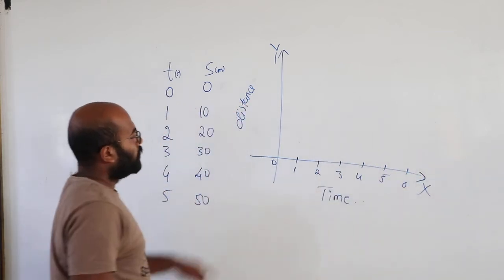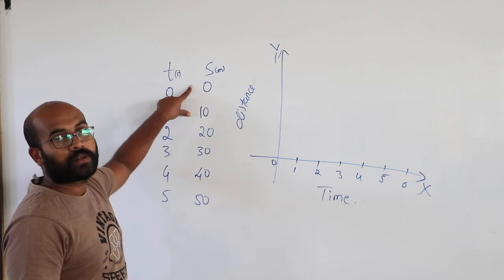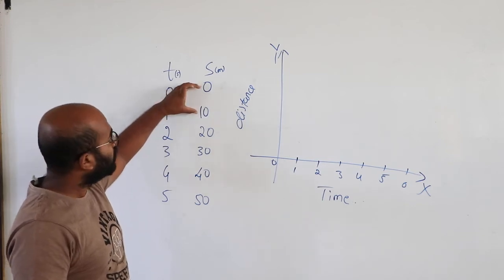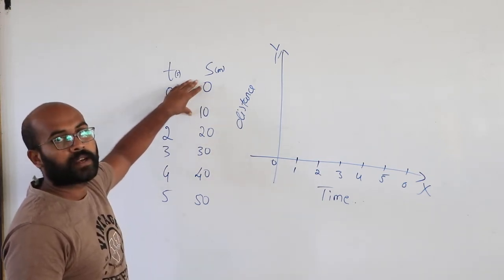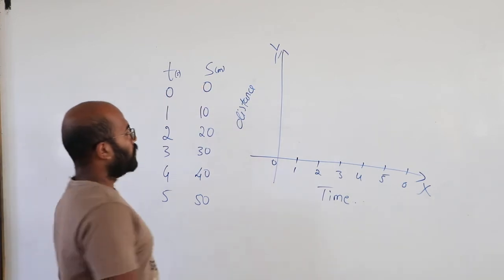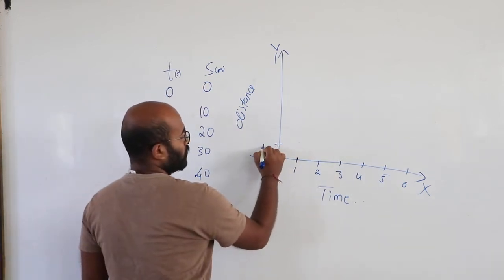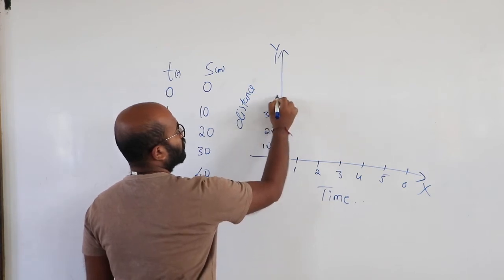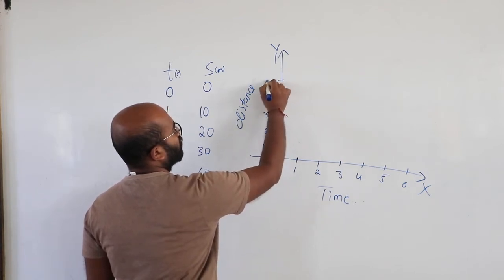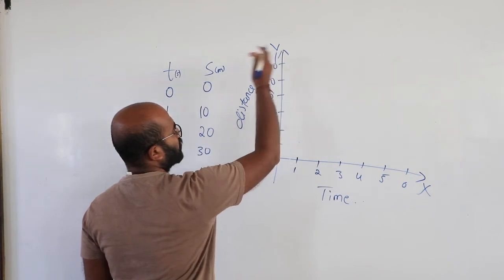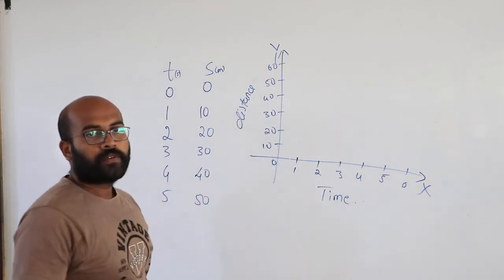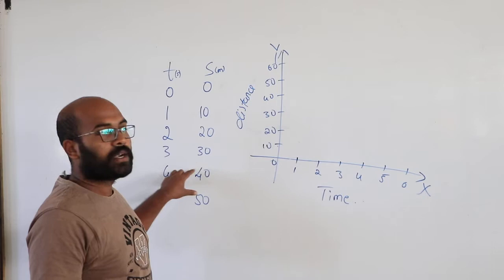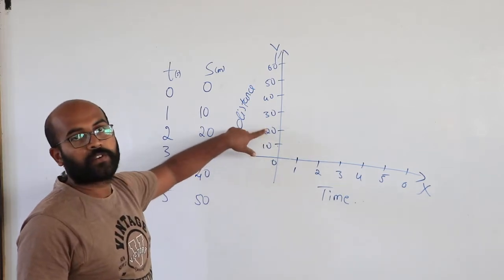Similarly, for distance, the difference is 10. So we'll take 10, 20, 30, 40, 50, 60, and so on. We could even take 1, 2, 3, 4, 5, 6 for distance.